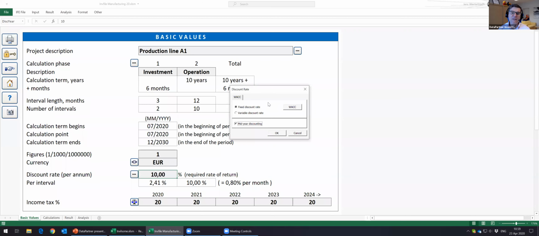But like consulting companies, how they do it, they usually calculate from the mid of the year. And when you think about it, it's basically more correct. So some cash flow is in the beginning of the year, some at the end of the year, but in the middle you're on average. So it basically gets a slightly more correct result, but also slightly higher result, usually better result. So that's why it's not pre-selected.